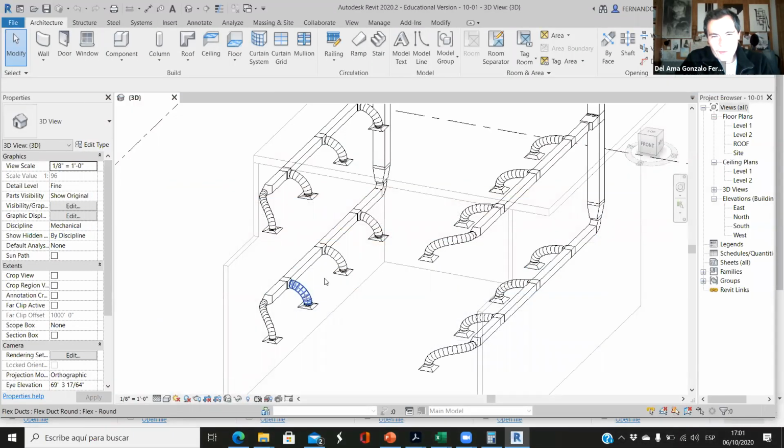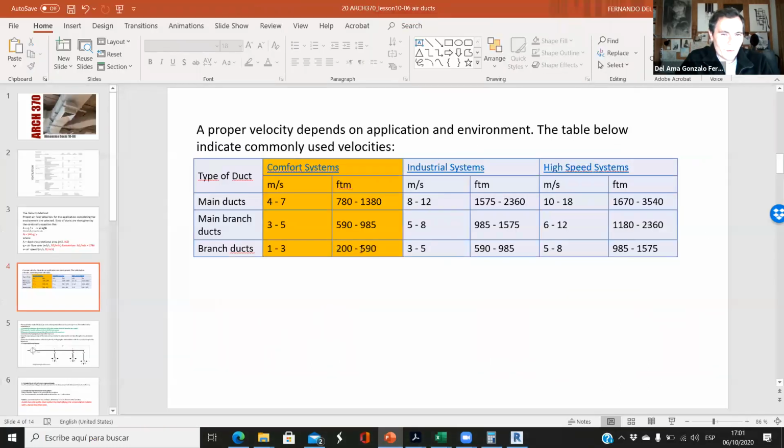So I would say those are these ducts or even these. It depends. If this duct is exposed, I would use this as the lowest velocity, around 200 to 500. So 300, 400, that's fine.